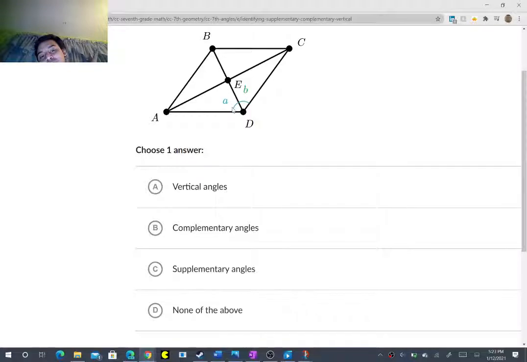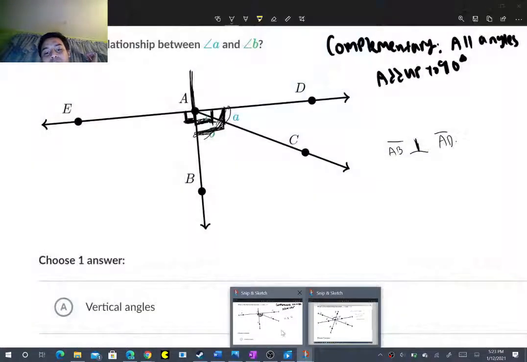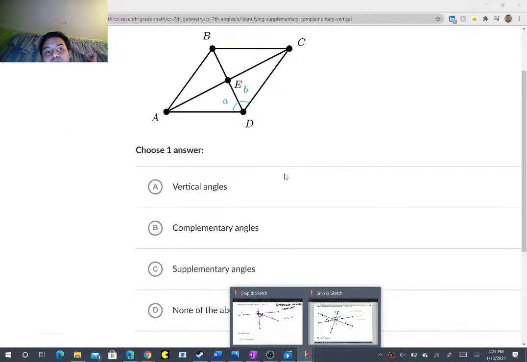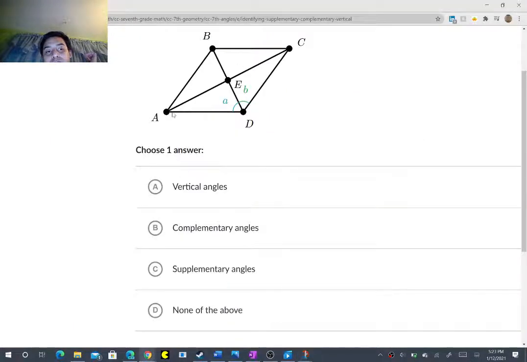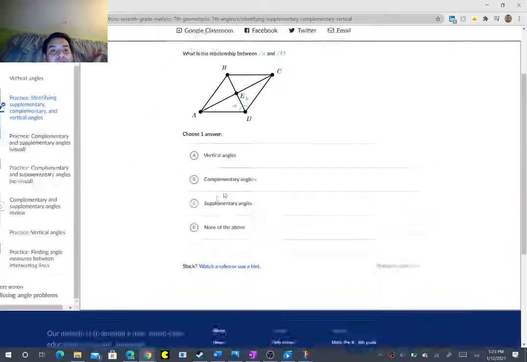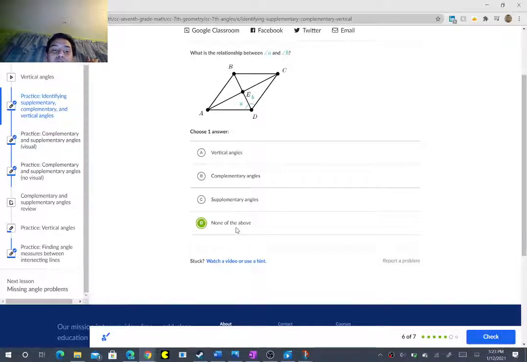It's obtuse. If you look at angle ADC, specifically this angle, it wouldn't be considered complementary. So that's what I was trying to say. So it would be none of the above.